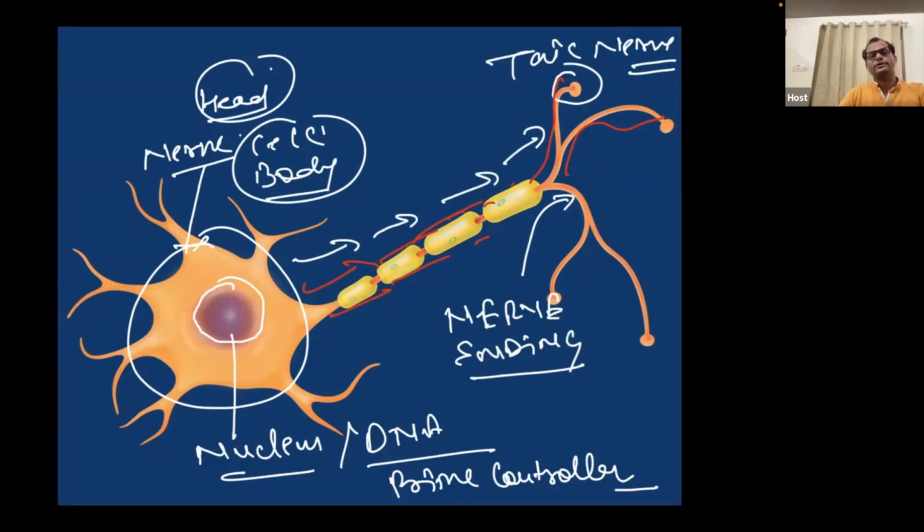Suppose I want to do some movement, and the command is coming from the brain, then in the spine, from the cell body, this command is passing in the form of an electric current, an electric signal. So these electric signals are reaching to the nerve ending. We are calling this electric signal action potential.